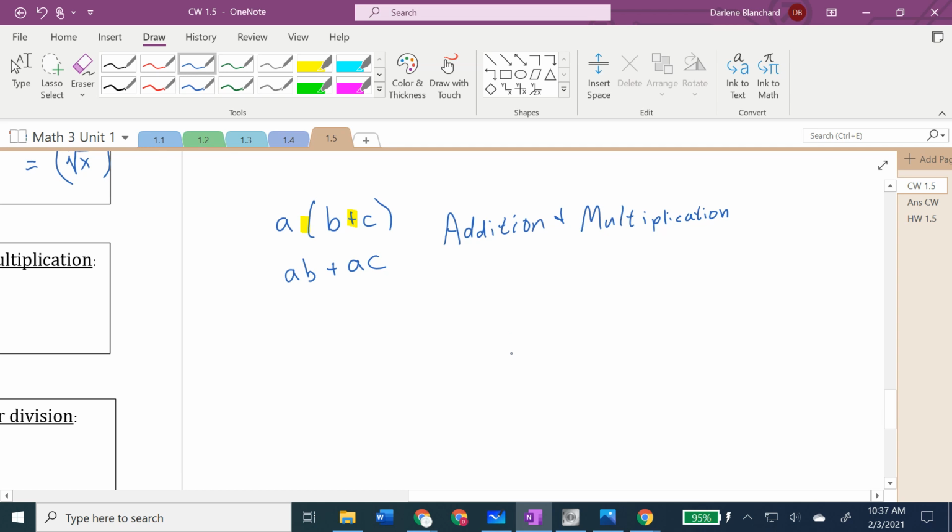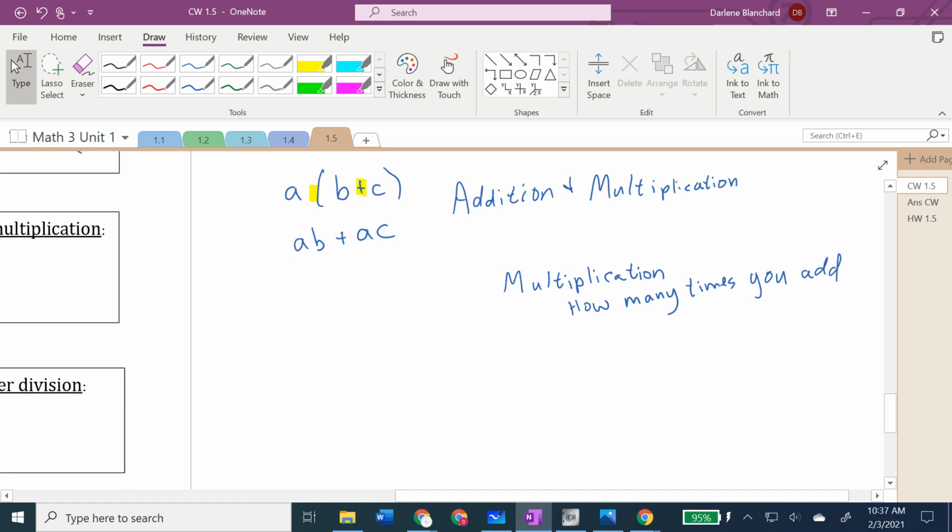Multiplication is basically like, it's just saying how many times you add specifically. Exactly. Multiplication is telling you how many times you add the same thing.